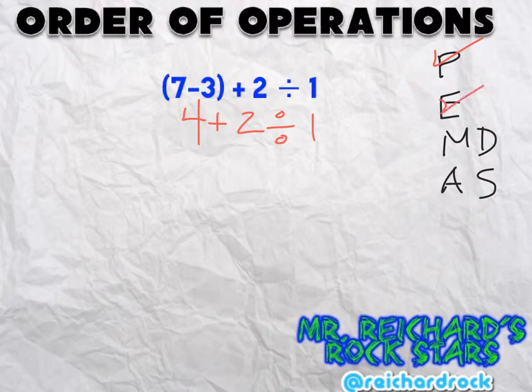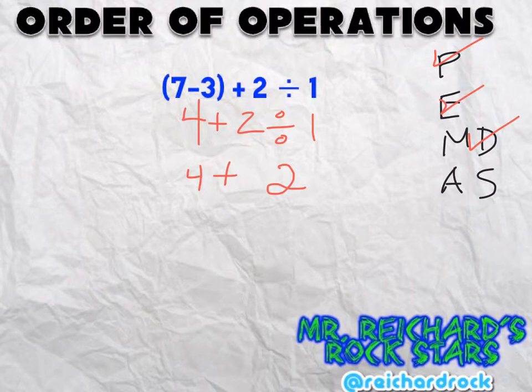I do not have any exponents in this problem. I do have division, and multiplication and division is left to right in the order that they come, just like I'm reading a book. So 2 divided by 1 is 2, correct? And then I'm simply going to pull down 4 plus. And now my multiplication and division is all good to go.